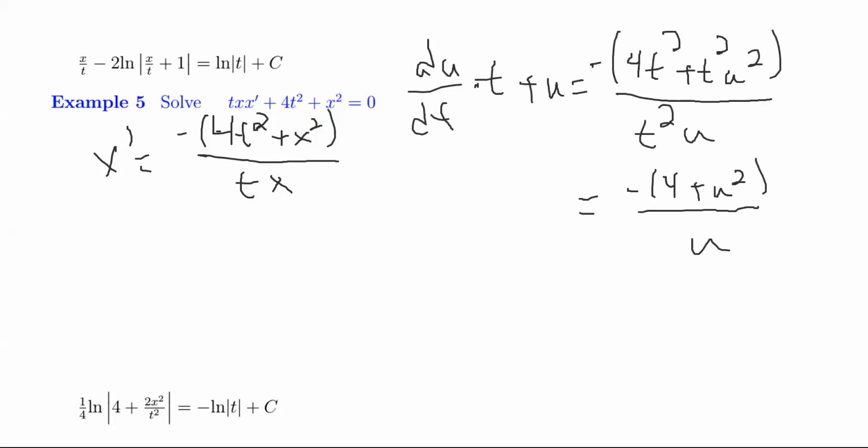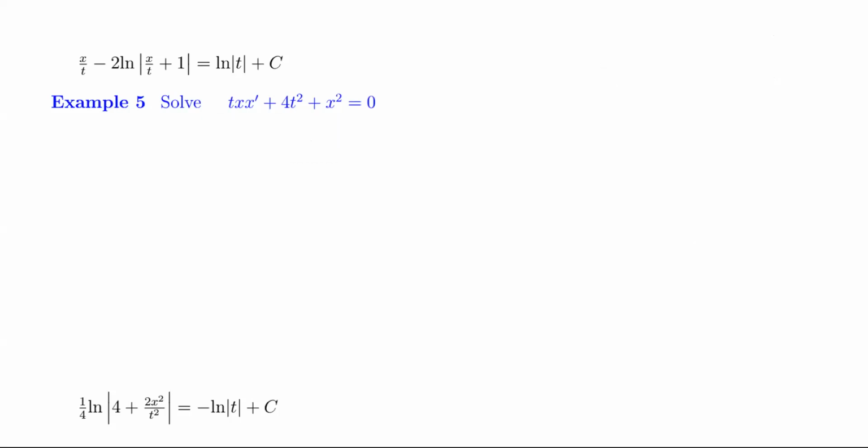Okay. Now, at that point, we want to subtract the u over and combine the fraction over on the right. When we do that, we end up with du/dt times t is equal to negative 4 minus 2u squared over u.